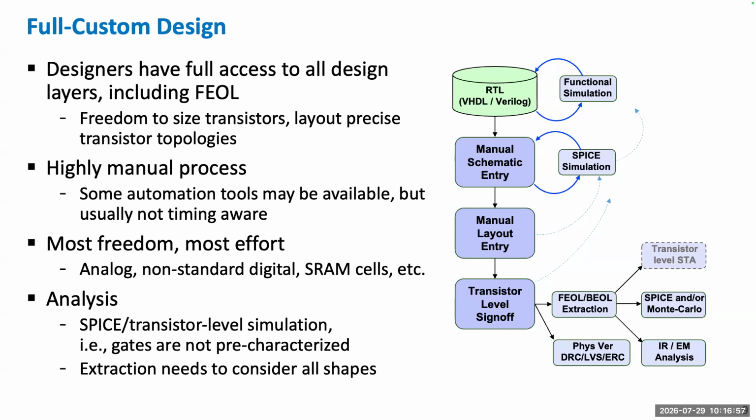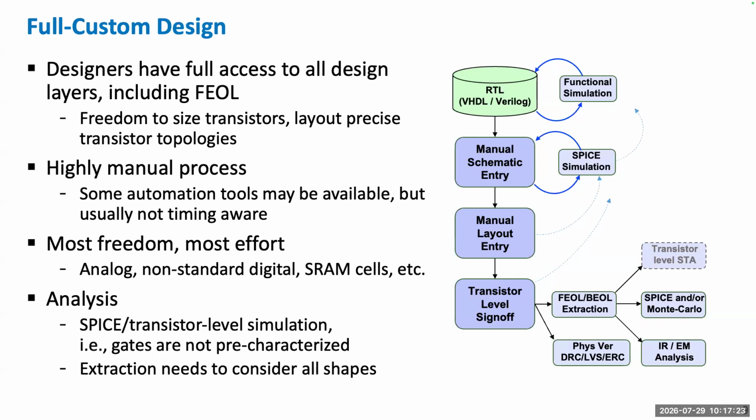A key thing, framing it a little more digitally throughout this talk, is that you can size transistors exactly. You can lay out precise topologies. You can do this perfectly. You have full freedom, but it's hugely expensive, a huge time commitment, and that's probably the key trade-off: full freedom versus a high manual effort process.